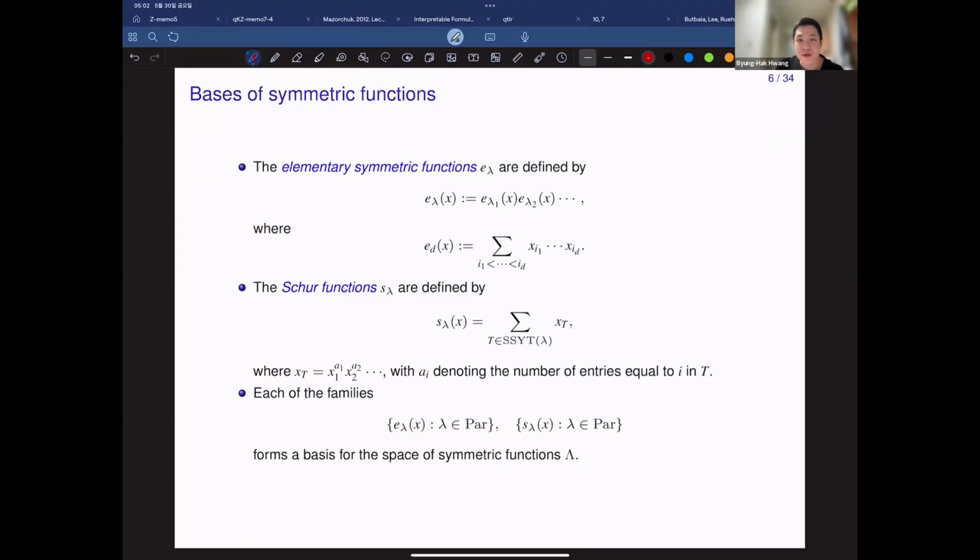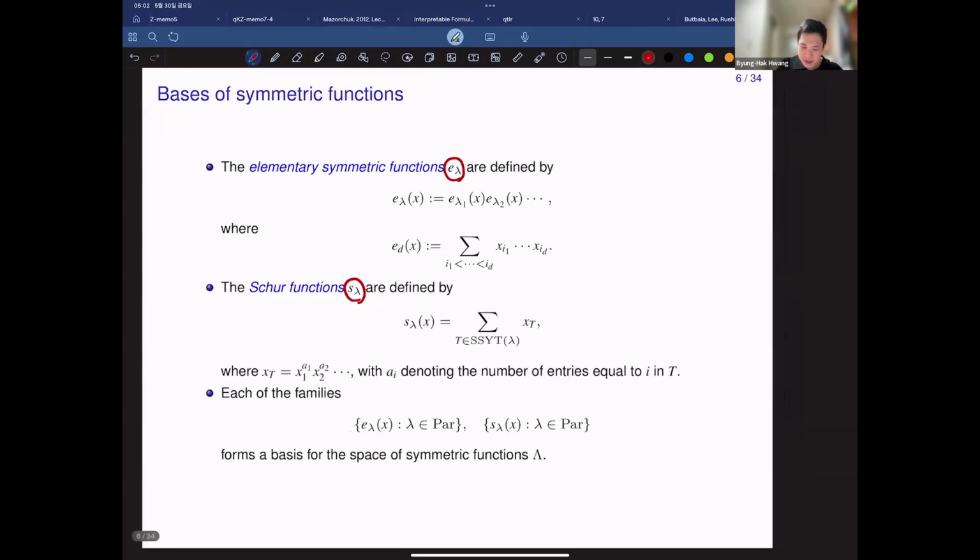One is the elementary symmetric functions, which we write e sub lambda, and the other is the Schur functions, s sub lambda. As before, I assume that you are familiar with the definitions of these two bases.